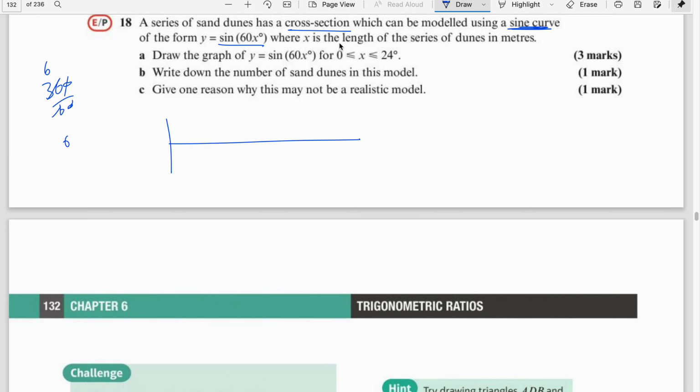And we have to draw it from 0 to 24. So we should be drawing 4 cycles, 1, 2, 3, and 4 cycles, because it ends at 6. So this is 12, this is 18, this is 24. Height is 1, minus 1.